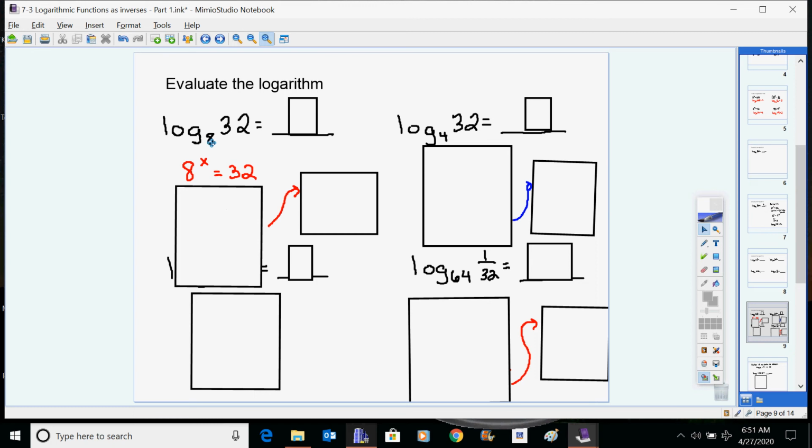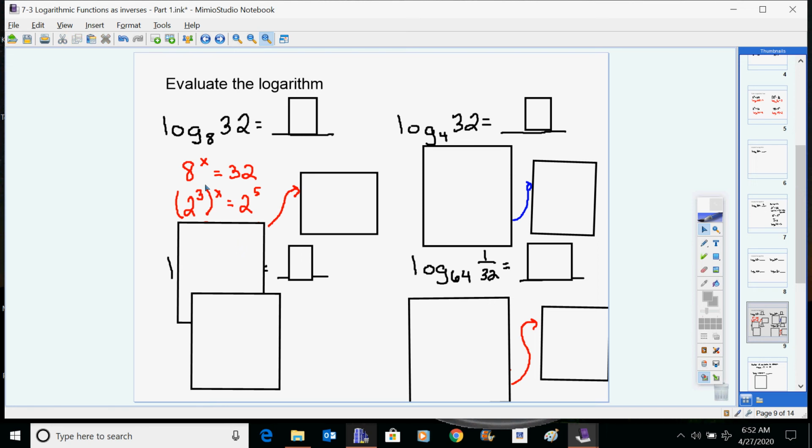Our base is actually 8 here, which is fine, but you want to think about its factored form. So 8 is 2 times 2 times 2, so 2 to the 3rd. 32 is 2 times 2 times 2 times 2 times 2, so 2 to the 5th.